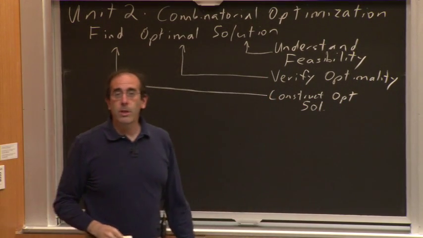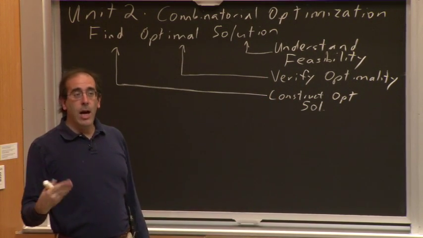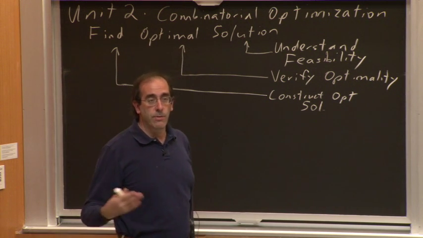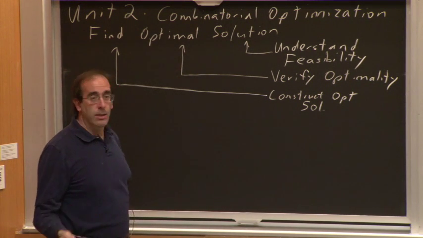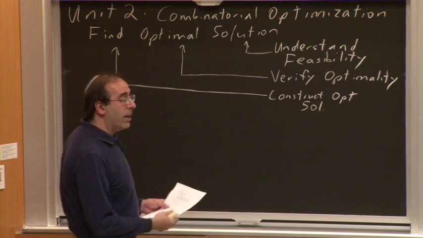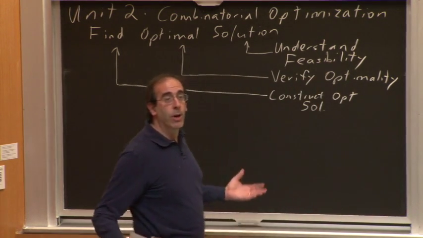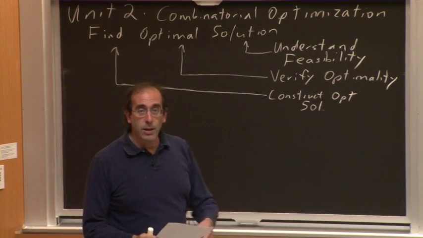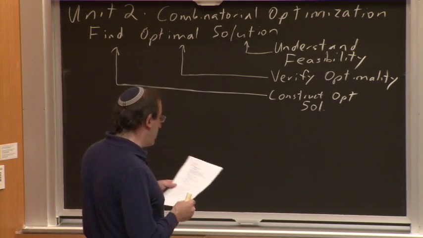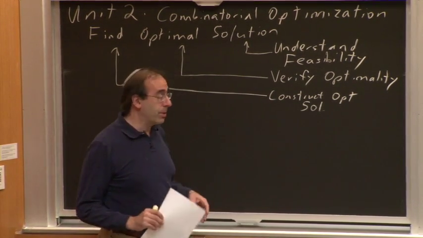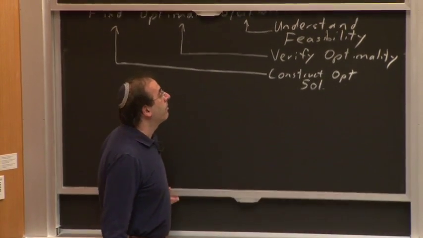And so we're going to go through this pattern several times over the course of the next few weeks of defining a new problem, understanding the space of feasible solutions, then understanding what makes an optimal solution before we actually start looking for it. And then finally, with that understanding, we will proceed to algorithms to actually construct the optimum solution. All right?